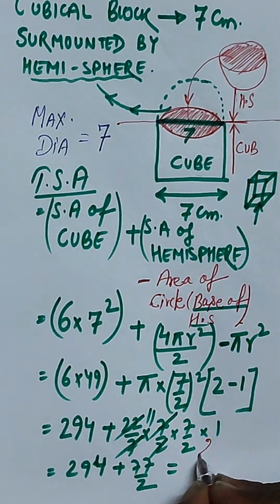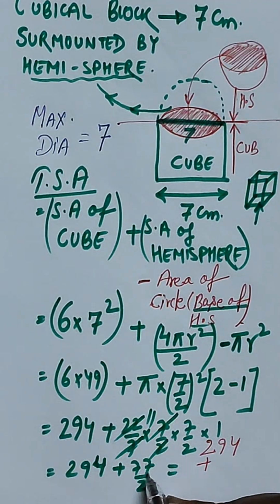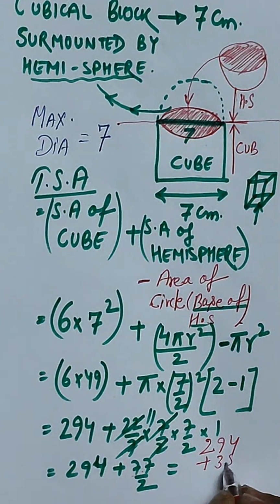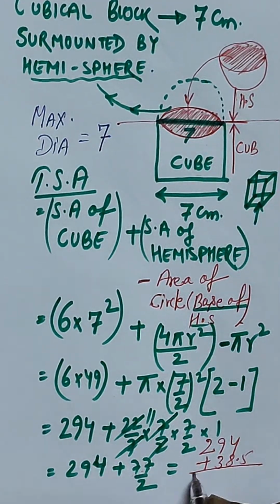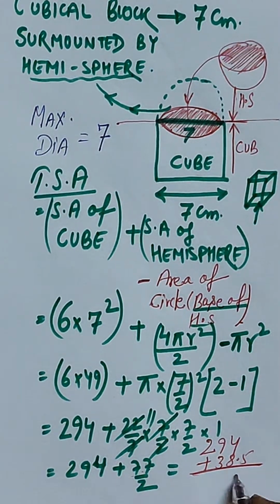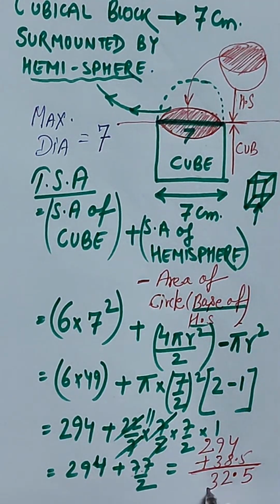294 plus 77 by 2. Half of 77 is nothing but 38.5. 38 into 2 is 76, and 1 will divide it, so it will be 38.5, right? So when you just add it, you will get your answer. 4 plus 8 is 12, carry 1, 3.